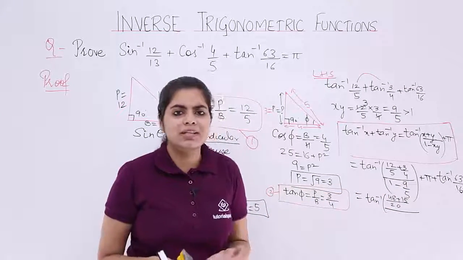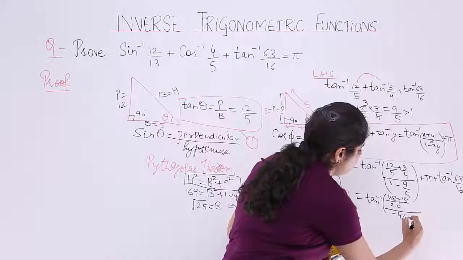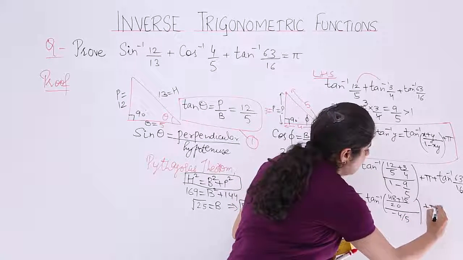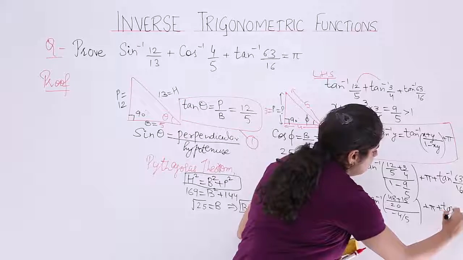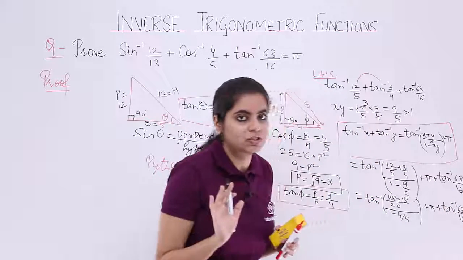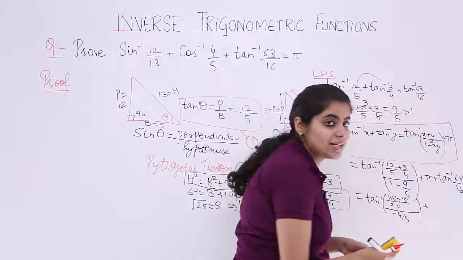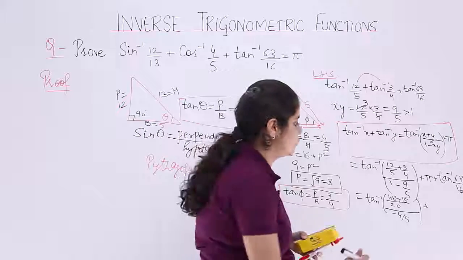What is 1 minus 9 upon 5? It is minus 4 upon 5, plus pi plus tan inverse 63 upon 16. These things don't change. I write it again to make things clearer.